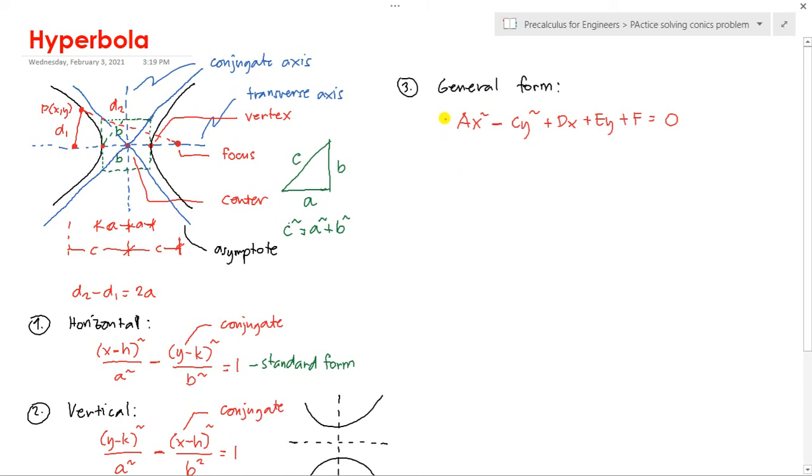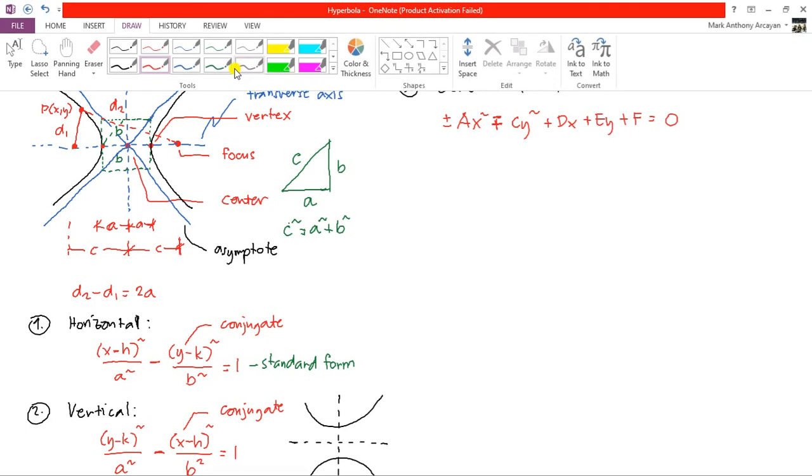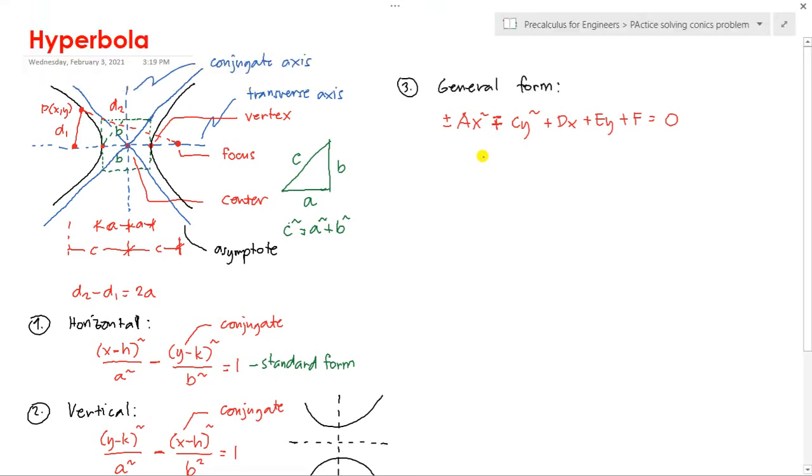Or in general term, that is plus minus, and then this is minus plus. So meaning, sa atong hyperbola, atong masabtan nga una, b is equals to 0. Kaduha, a is not equal to c.